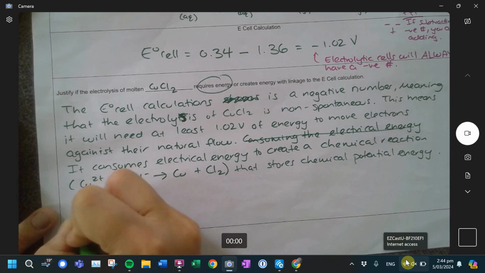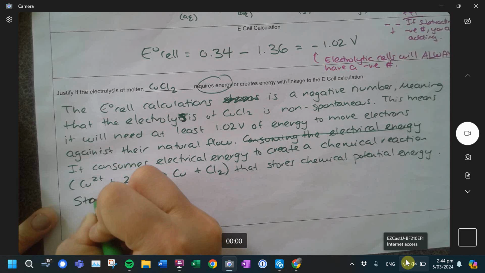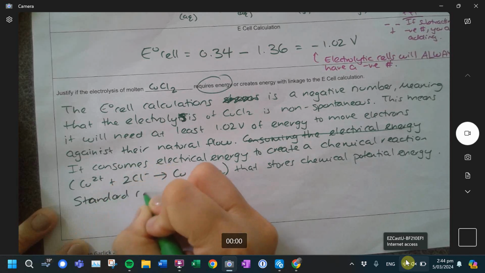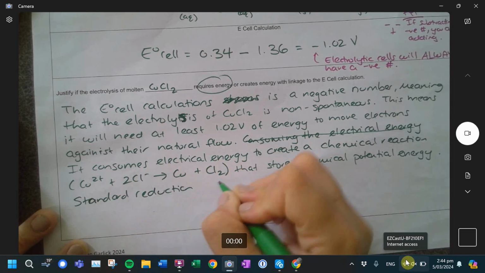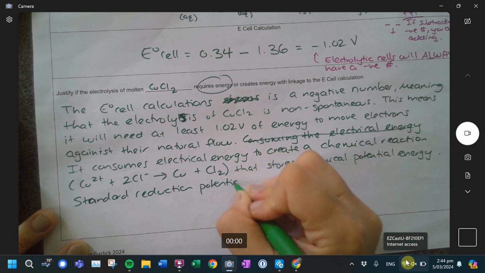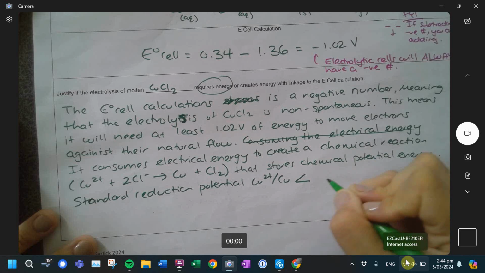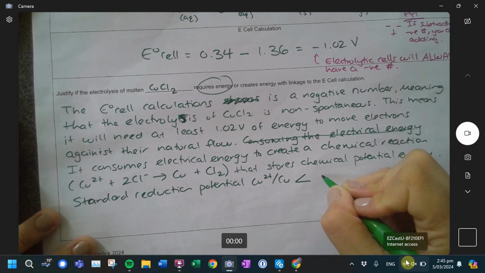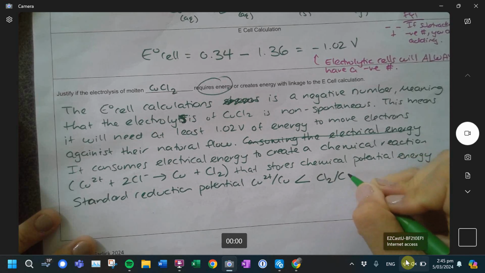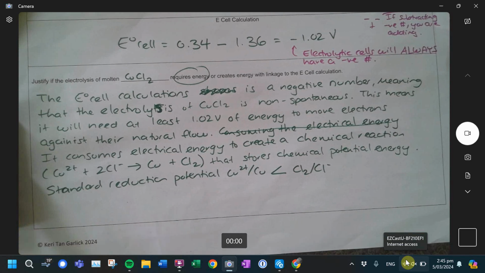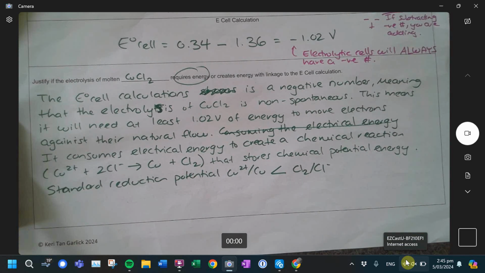So the standard reduction potential of the Cu2+/Cu is less than the Cl2/Cl. All right.